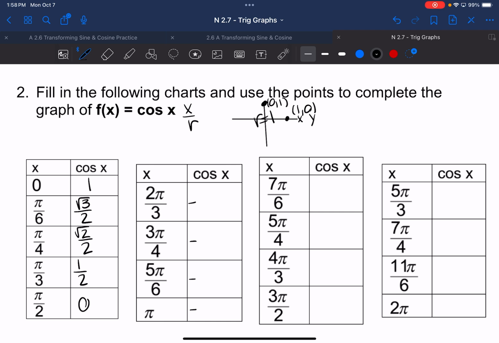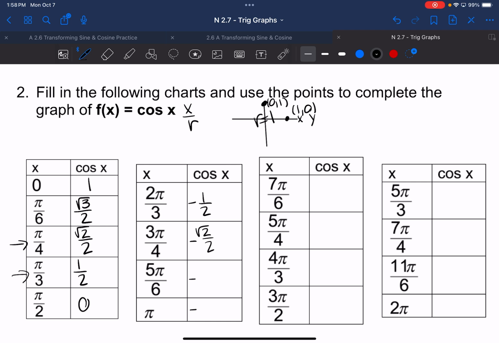Okay? All right, 2 pi thirds. The 3 in the bottom tells me it should be the same ratio as pi thirds over here, right? So what was that ratio? 1 over 2. So this is 1 over 2. It's just negative. All right, what about 3 pi fourths? What's that one? Square root of 2 over 2, because it's the same one as this, since it's got a 4 in the denominator.